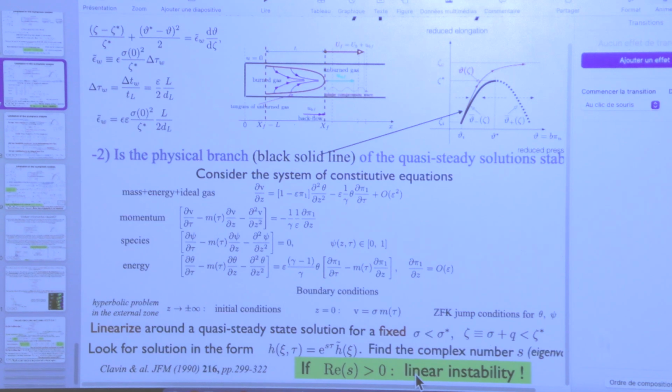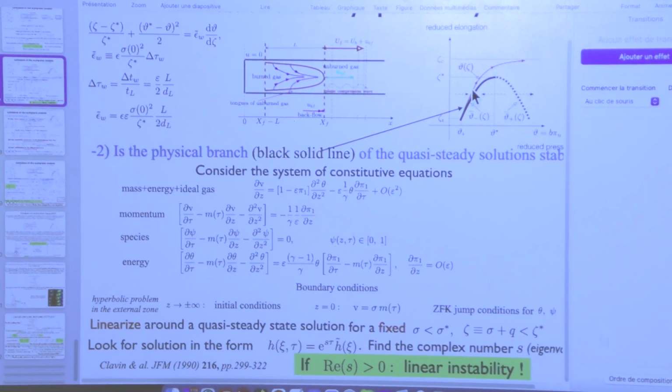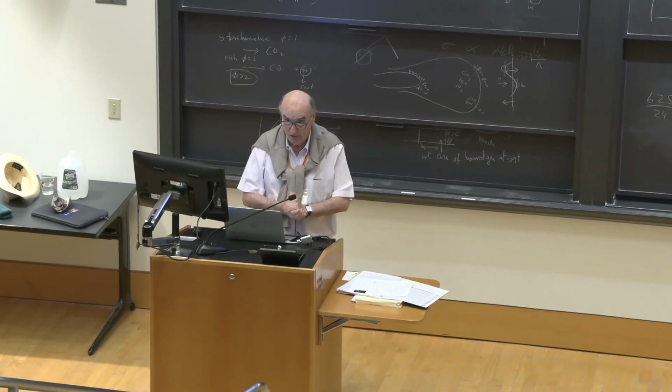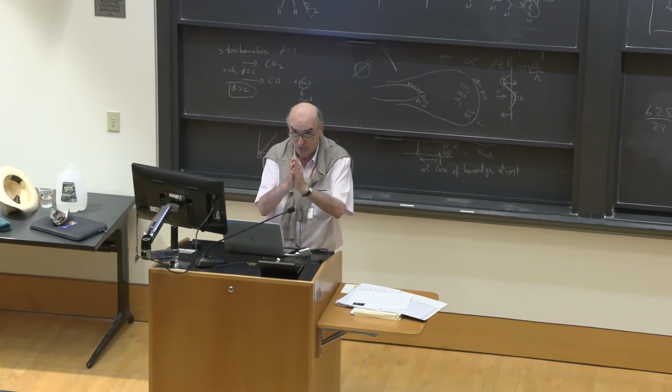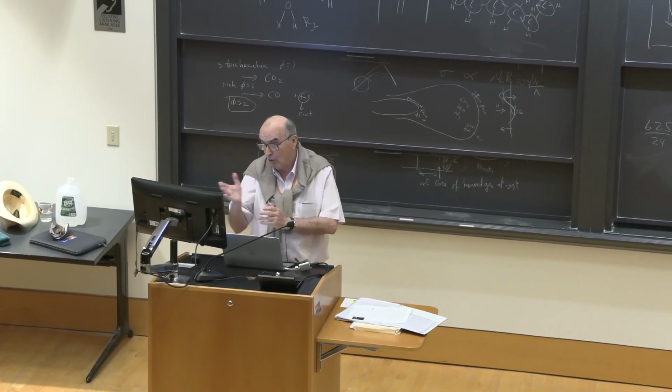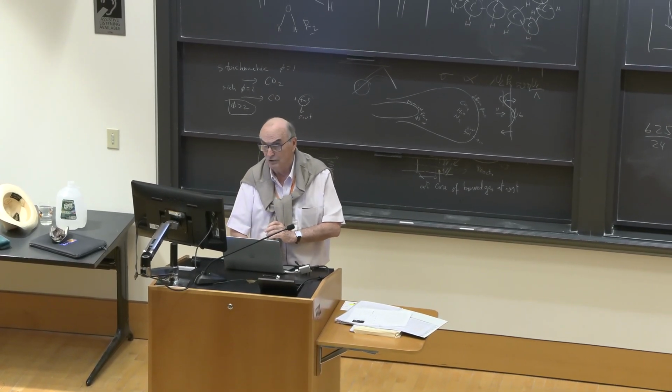So, following an analysis that I performed a long time ago, if you neglect unsteady effects ahead and behind, and keep only the unsteady effect of the inner flame structure, it shows you that this branch is unstable.